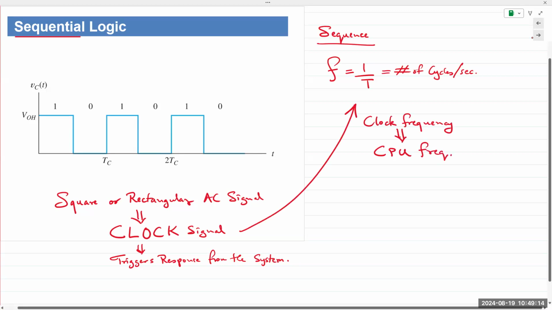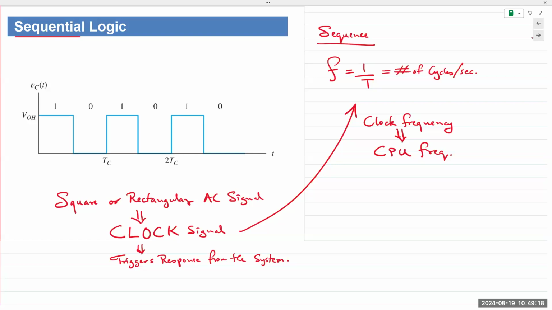Right? Every smartphone, every tablet, every computer, every desktop, every laptop has a central processing unit. That's the main chip that controls everything. And the operating frequency of that CPU is from the clock that governs it.